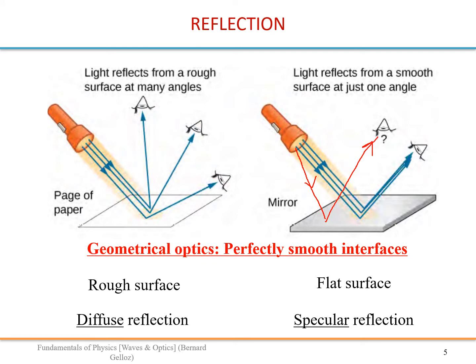Most lamps have some kind of diverging property, so in general you see the lamp from a wide angle. But the approximation of geometrical optics is we have only flat surfaces, so we deal only with specular reflection.